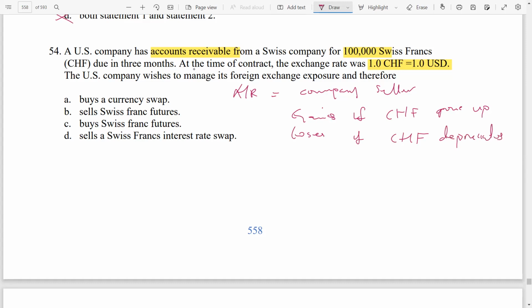So the best thing to do is to sell CHF to hedge it. So the company can hedge this by selling CHF.